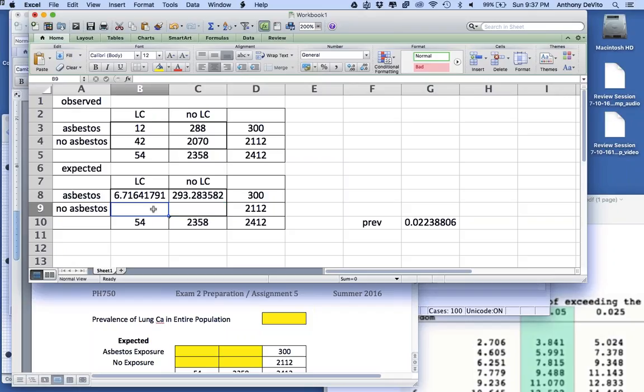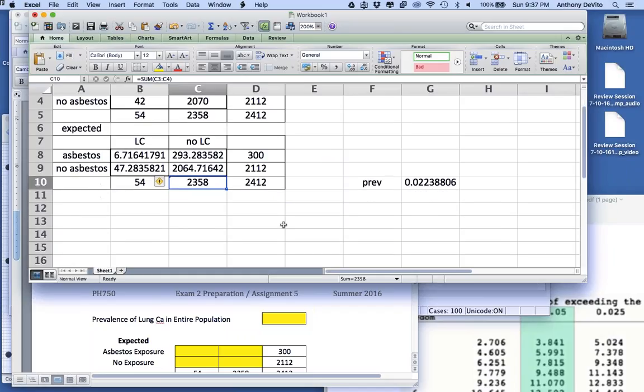So this is going to be equal to 2112 times the prevalence for the entire sample or population, and the other cell is 2112 minus 47. So that's our expected values.